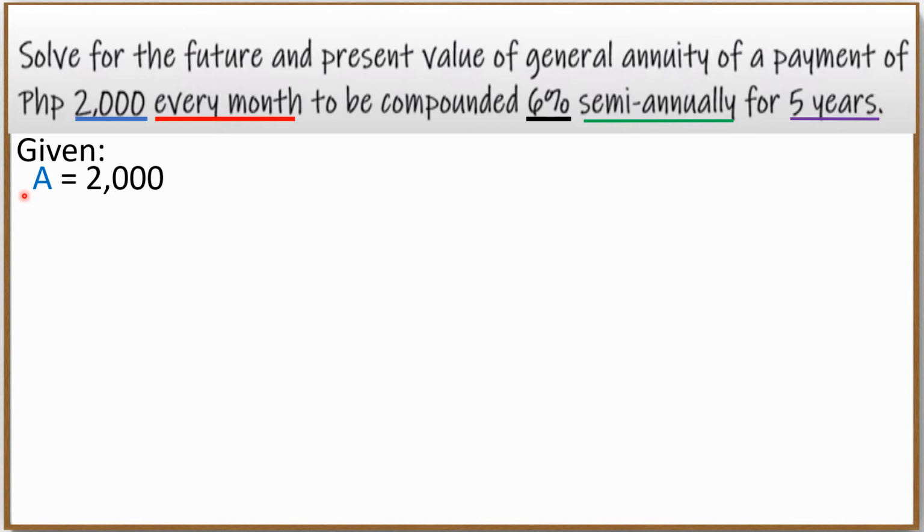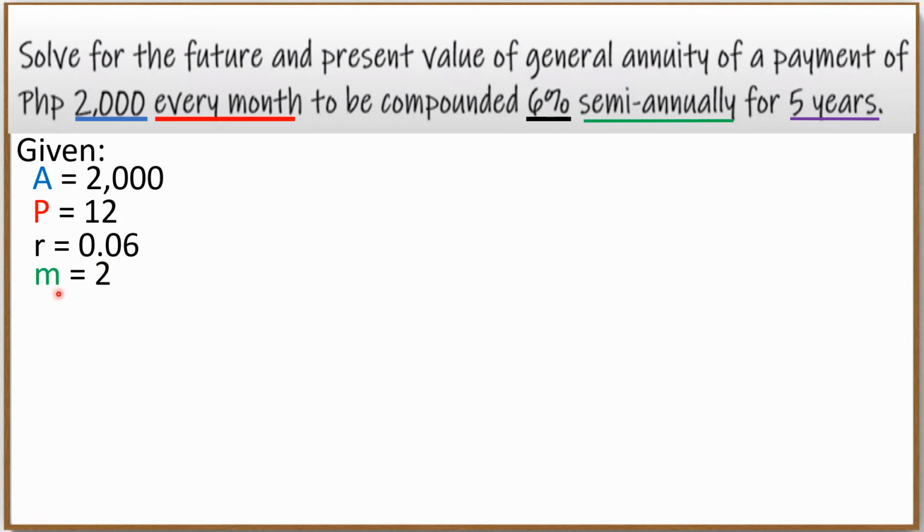Now let us have the given. A, or annuity, is equal to 2,000. P is equal to 12. How do you get 12? Remember, when you say every month, there are 12 months in a year. That's why we have here 12. And our rate expressed in decimal is 0.06.